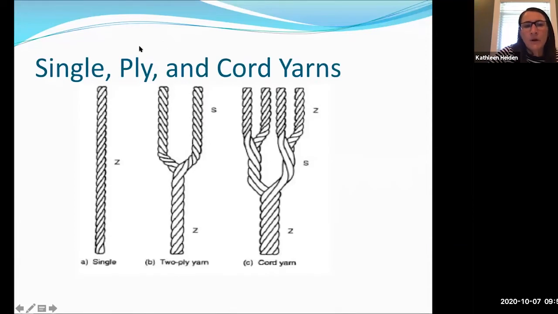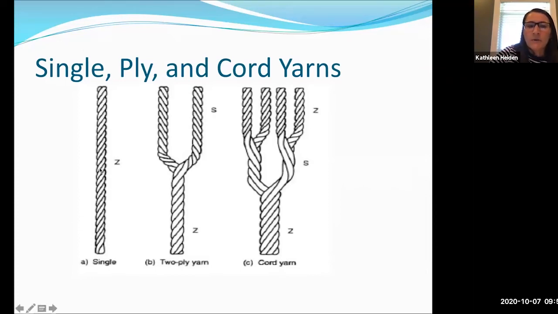Our simple yarns, if we have a single, so a single means that individual fibers are put together to make the yarn. So if you untwist a single yarn, you're going to break it down to fibers. You'll be able to pull fibers out from that yarn. Okay.